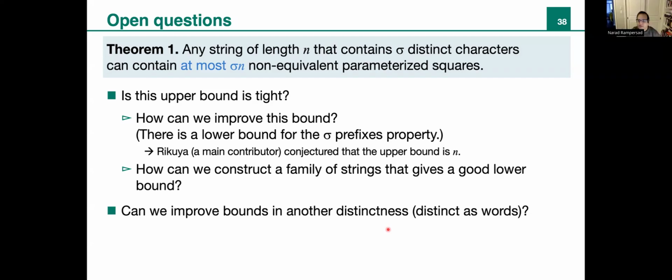Does anyone else have a question? Do you think that these techniques will also work in the distinct as words case, or are some new techniques necessary?